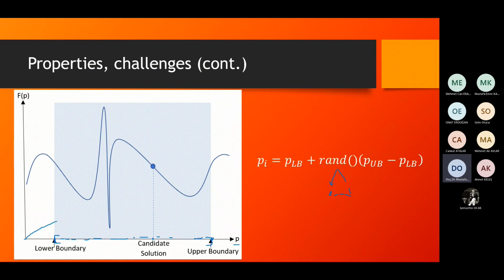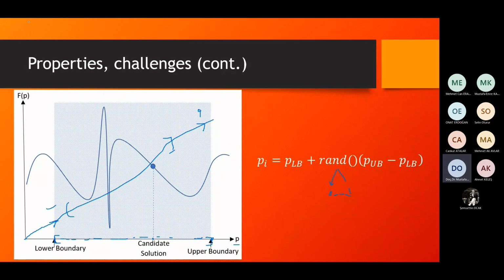Imagine that this problem is two-dimensional. Then we should also calculate the same things for Q, with a lower boundary and an upper boundary of Q.